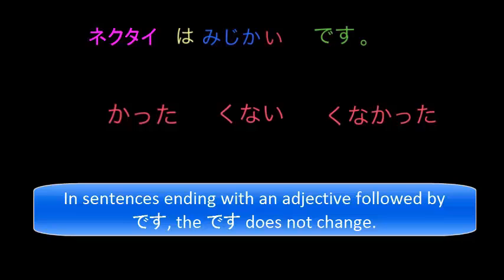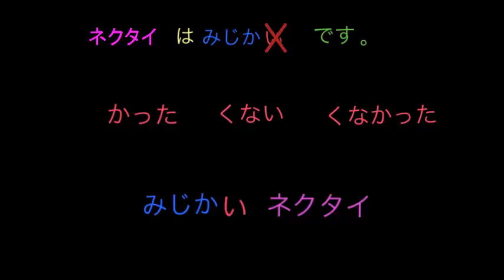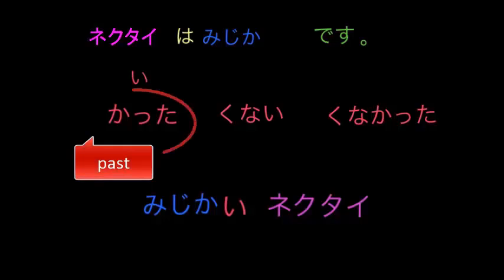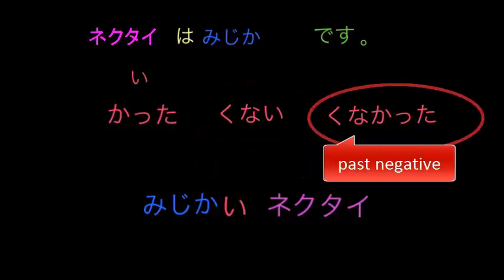So what happens then? Well, what we do is we take the i ending from our adjective stem, we remove it, and we replace it with the ending which indicates either past tense, that would be katta, negative, that would be kunai, or past negative, which would be kunakatta.